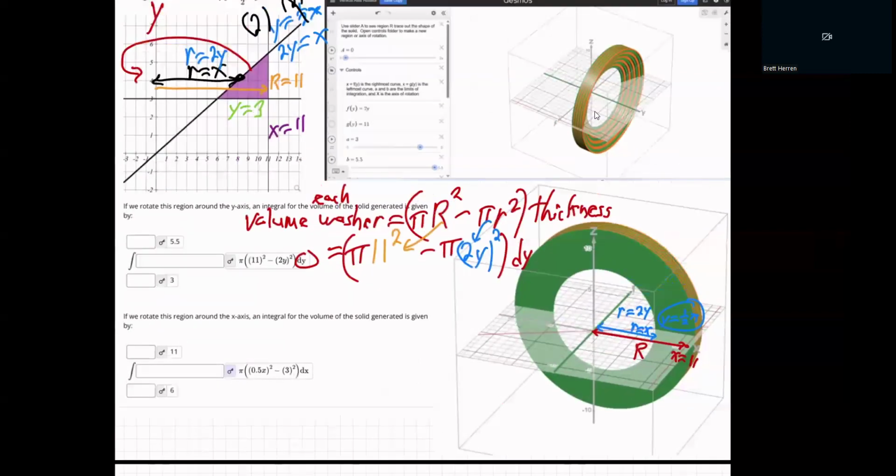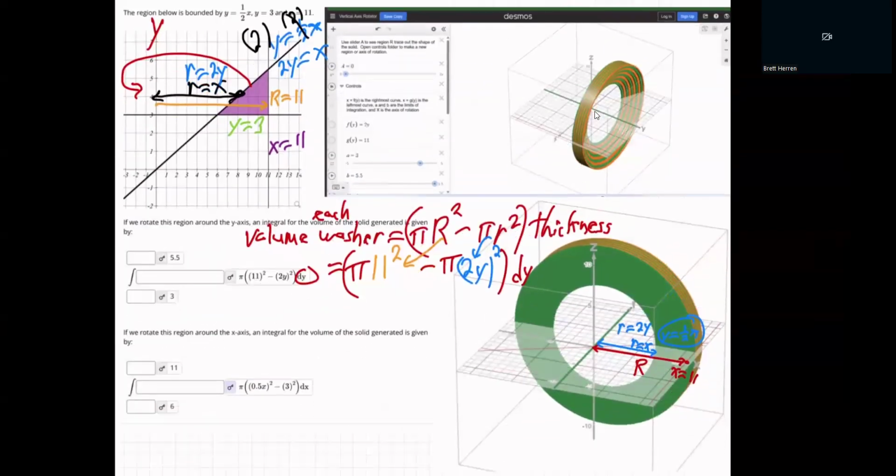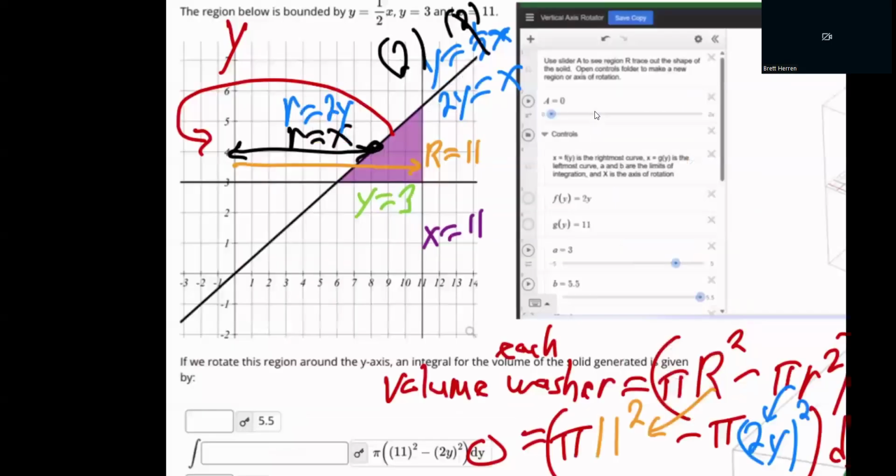We're going to integrate from, oh, and where are we going to stack them up? You can tell we're stacking up these disks from the bottom, right? This is the bottom of all the disks.